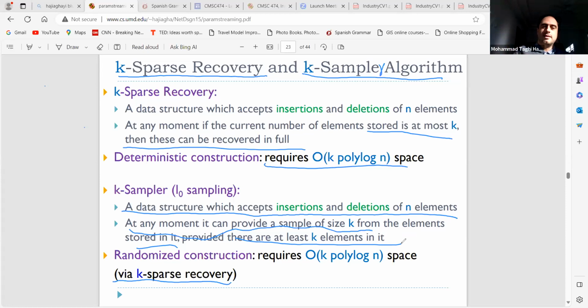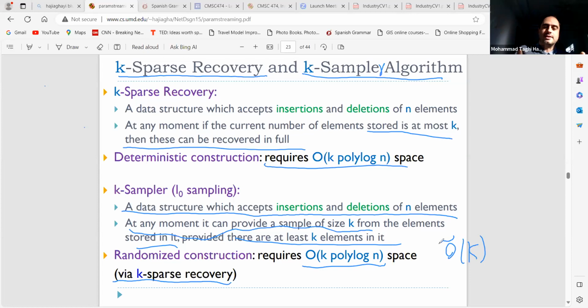The proof of this is a randomized algorithm, and the space is k polylog n. We will call this O tilde of k. So using these two algorithms, what can we do? If the number of elements is less than k, then you can get all of them from the k-recovery.